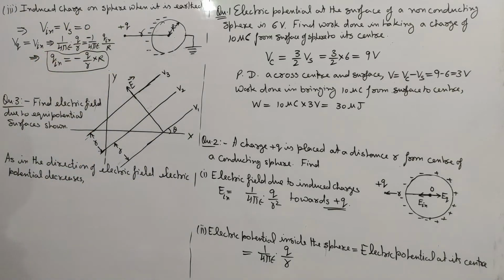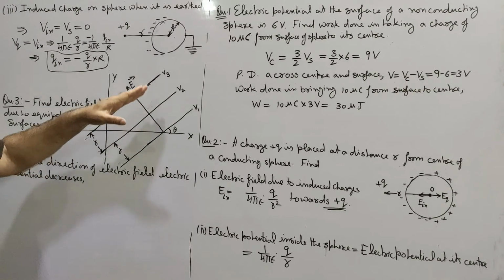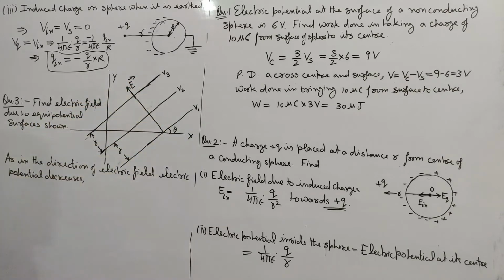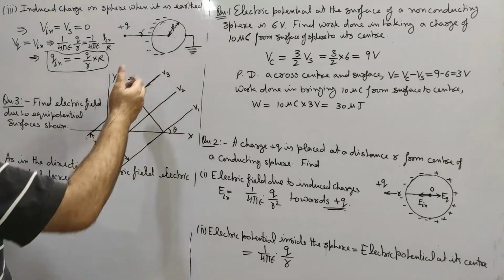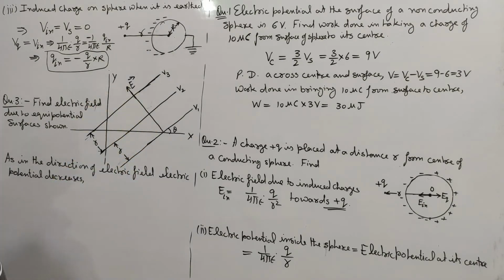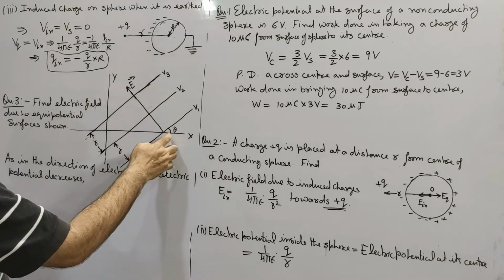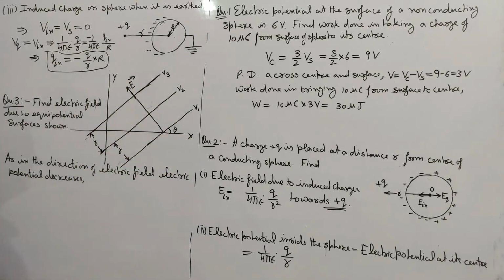Now in the next question we will determine the magnitude of electric field produced due to equipotential surfaces. Here V1, V2, V3 are the potentials of equipotential surfaces, and the equipotential surfaces are making an angle theta with the positive direction of x-axis.